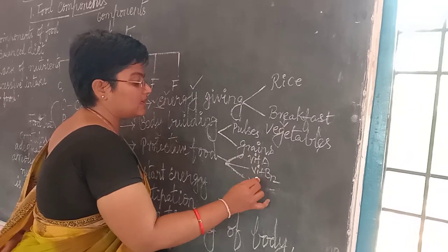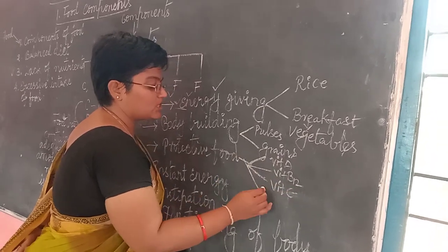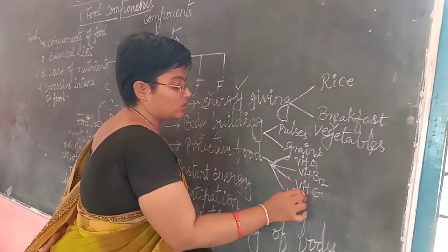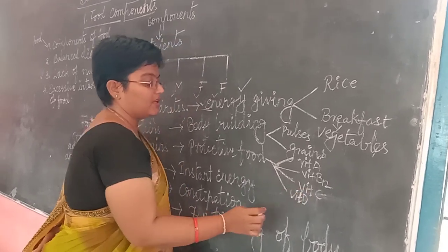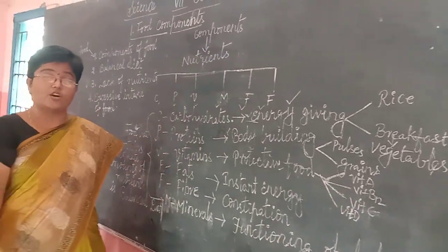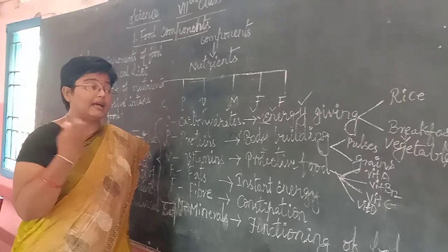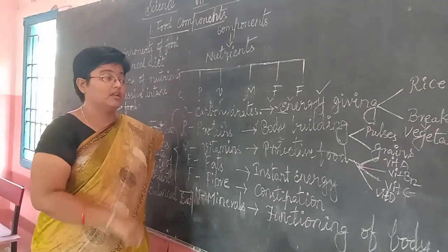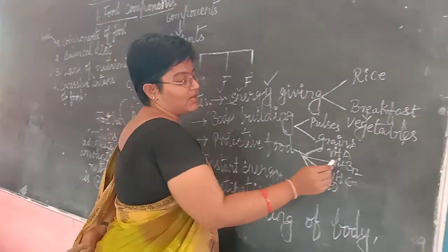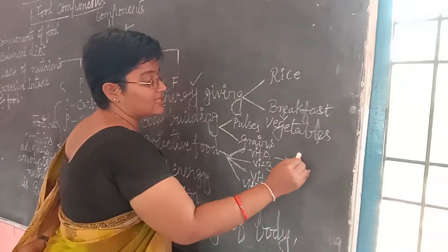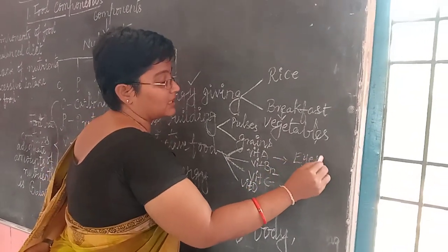Let us see what these vitamins do to our body. They help us in different kinds of functioning as well as the growth of our body. What does vitamin A do to us? It helps in eyesight as well as our skin glow.